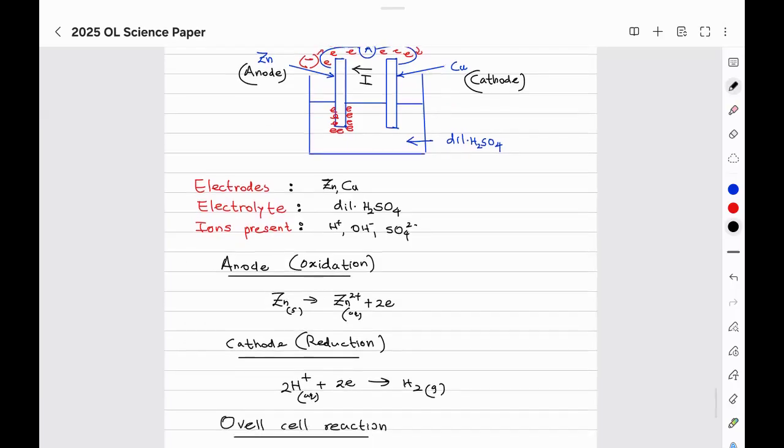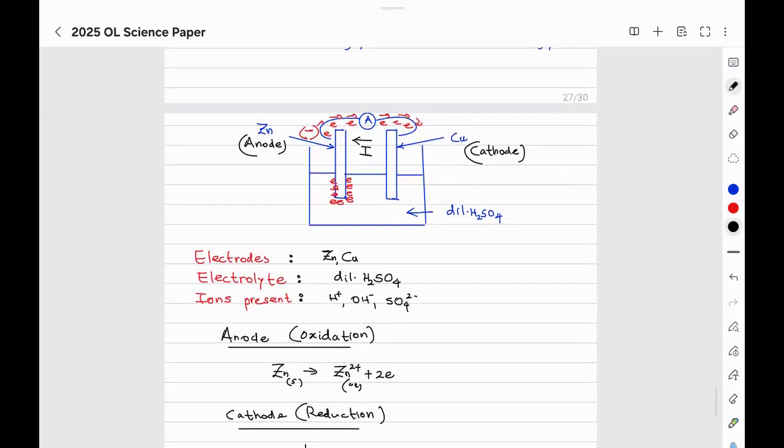Because the anode metal is oxidizing and releasing 2 electrons. Then these electrons are gathered around that anode, then these electrons are flowing through that circuit. Understood? So therefore, flowing in that direction. Then the current is passing from copper to zinc. That means cathode to anode. We can say a positive terminal and a negative terminal.